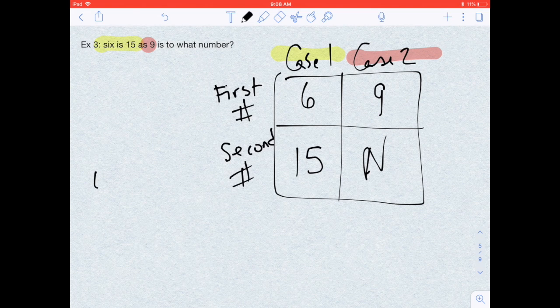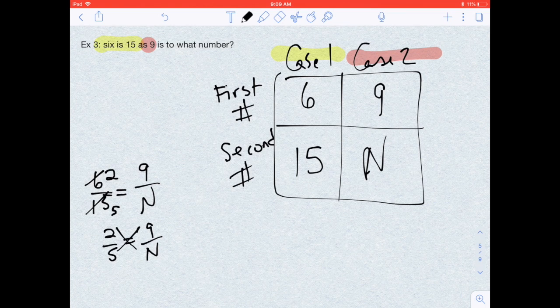And now I'm going to go ahead and write myself a nice little equation down here. And I can simplify this and say, well, 6 and 15 both have a 3 in them, so this can be 2 and a 5. 2/5 equals 9/n. And now I'm going to cross multiply. So I get 2n equals 9 times 5. 2n equals 45.